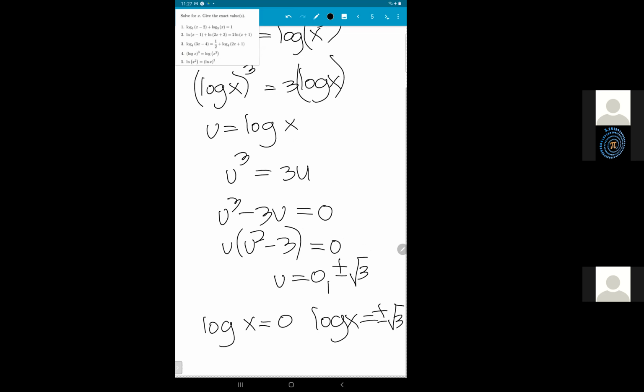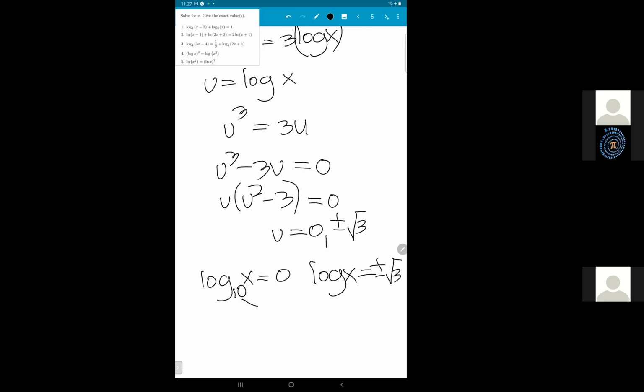So x equals 10 to the 0, x is 1. And then same thing here, there's base 10, which you can rewrite in exponential form. So giving you x equals 10 to the plus minus square root of 3.